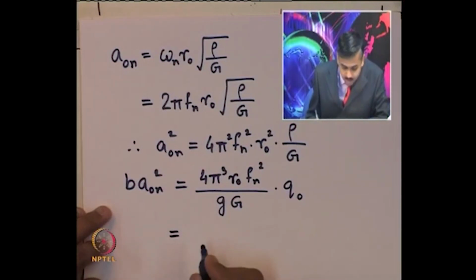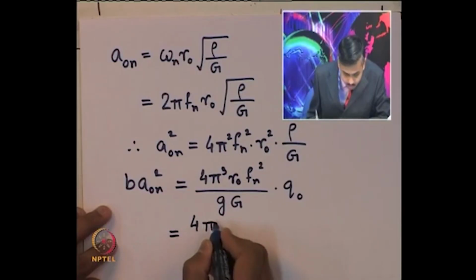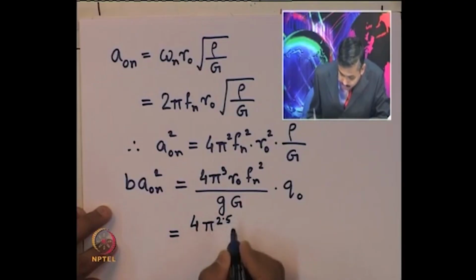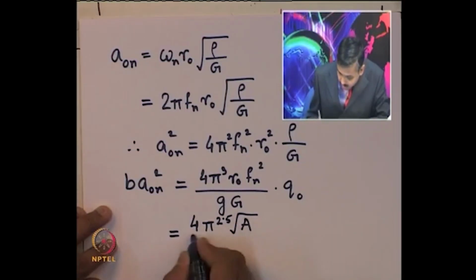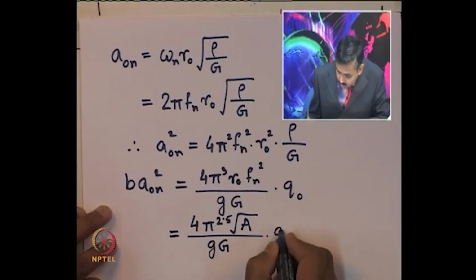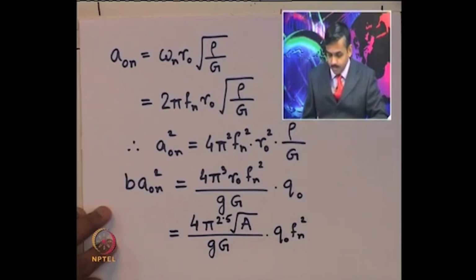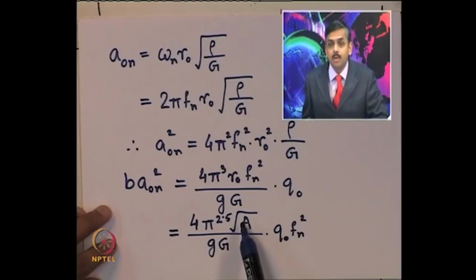Therefore, on further simplification we can write it as 4 pi to the power 2.5 root over A by g g into q naught f n square. So, I have taken out root A, which is nothing but pi to the power 0.5 times r naught. Is it correct?